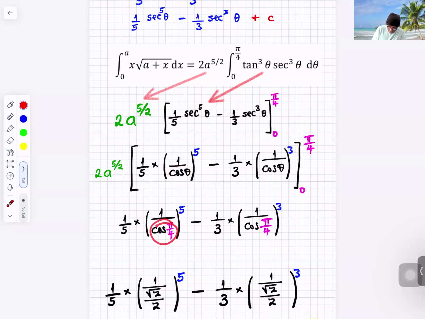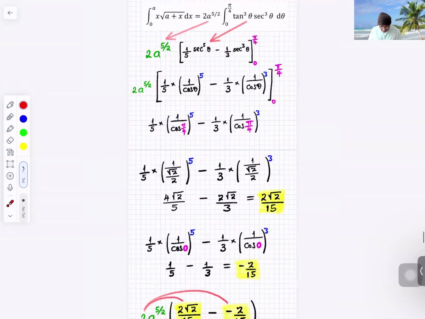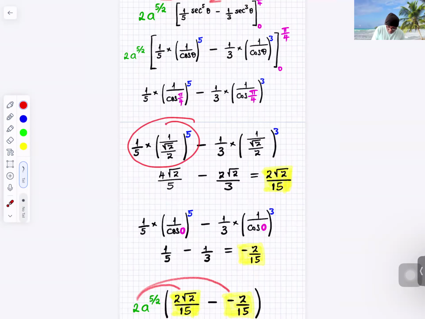So it's 1 over cos pi over 4 to the power 5, and 1 over cos pi over 4 to the power 3. Put that in your calculator. It takes a while to do that unless you're very quick with the calculator. When you put that in the calculator, you will get this expression.